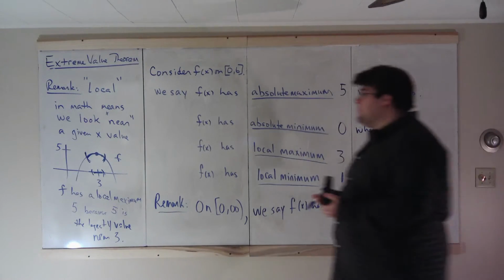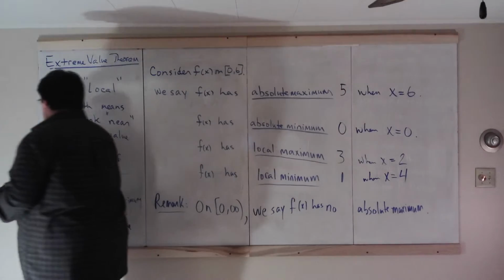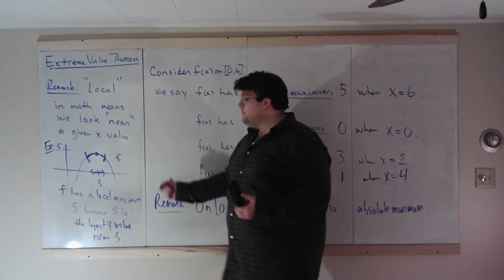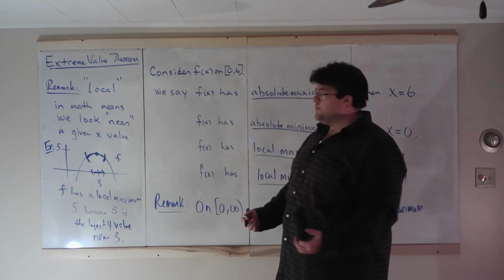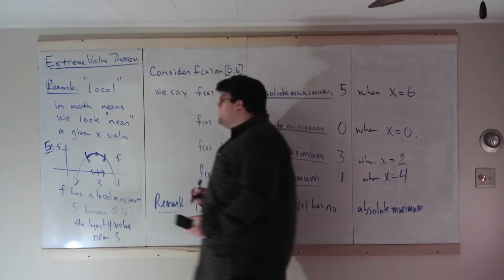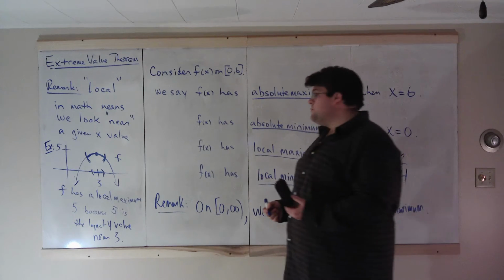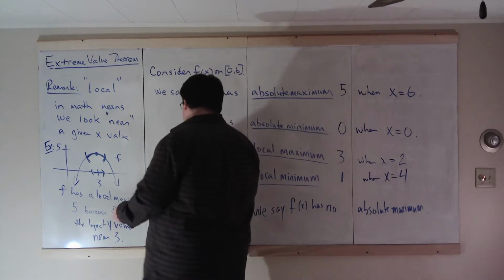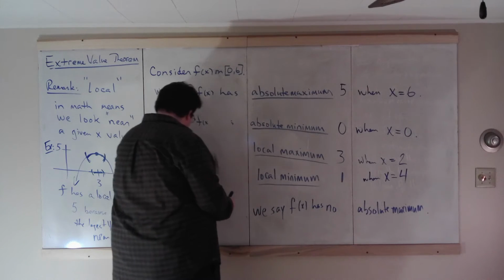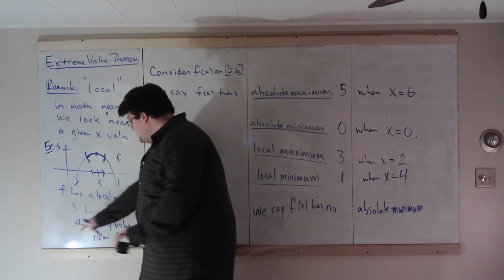In this second example, that is a local maximum. It's also an absolute maximum. If I put arrows like that, it is also an absolute maximum. So I'll also note, I don't have room to write it under there, so I would like to write this under here.